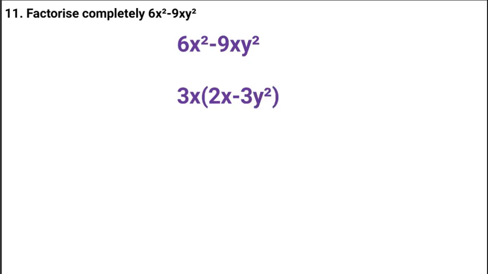Then close bracket. So that is the answer. Now I've factorized completely: 6x squared minus 9xy squared is 3x, open bracket, 2x minus 3y squared.